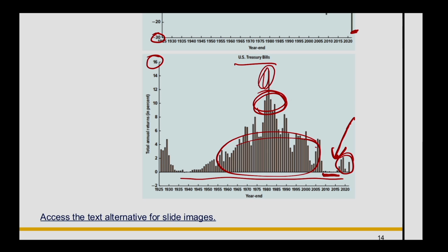So when people talk about 4 and 5% being extraordinarily high, that's nothing. Think about getting a mortgage back in the early 80s when mortgage rates were 15, 16, 17, 18%. That's just brutal.